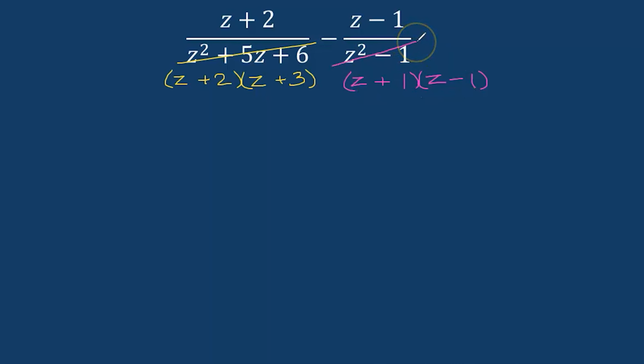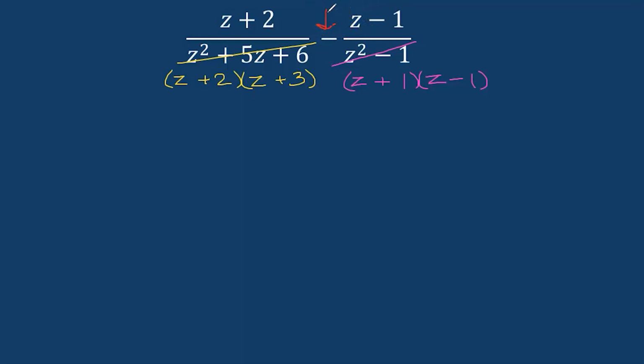Now, the kind of cool thing that you might have recognized here is that in each case, the numerator shares something with the denominator. And you might be thinking to yourself, can't I simplify that to get rid of it? And the answer is yes.